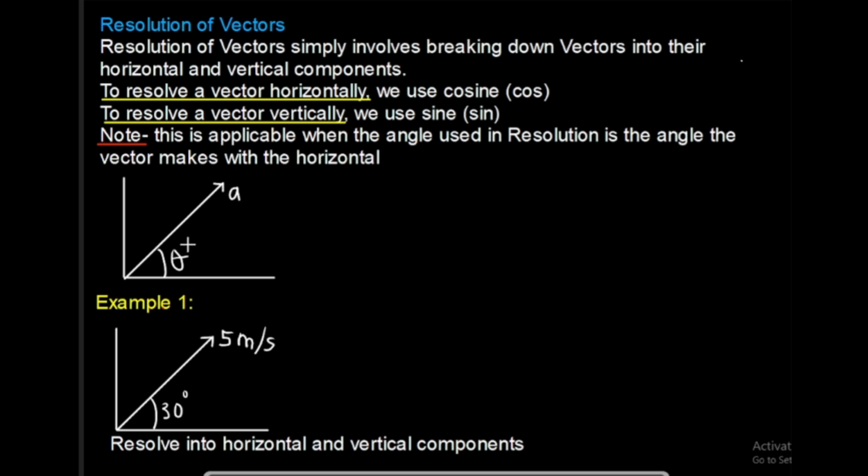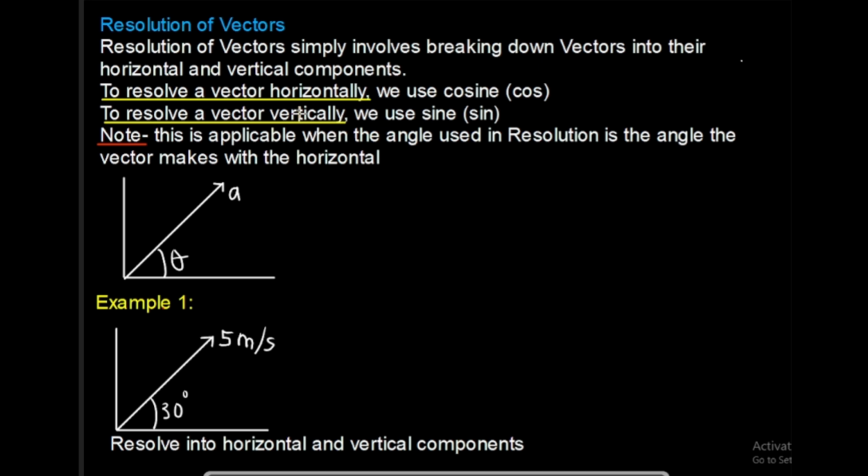Of course, you can use the angle with the vertical to resolve vectors, but the method I'm about to show you is only applicable where the angle is with the horizontal. So in the case where you're given the angle with the vertical, you say 90 minus that angle to get the angle with the horizontal.